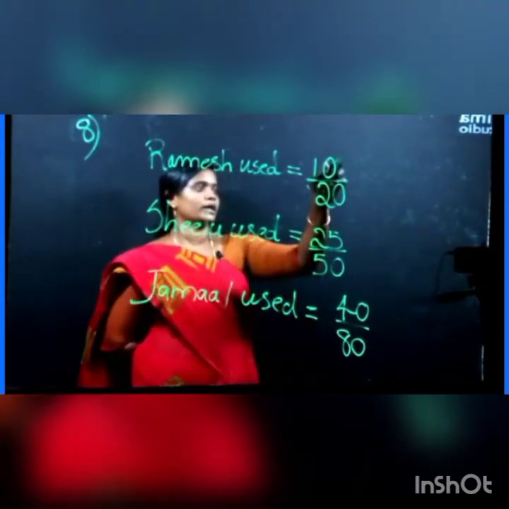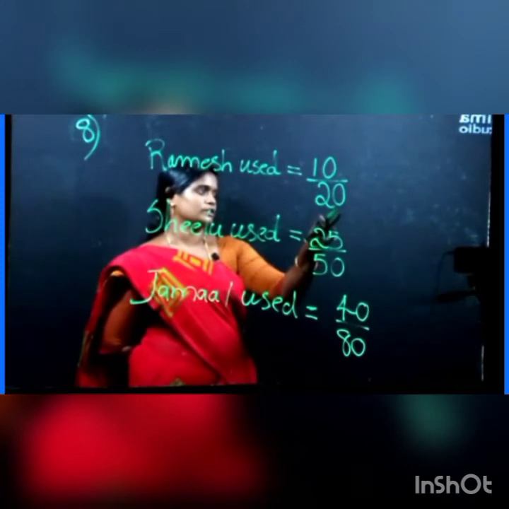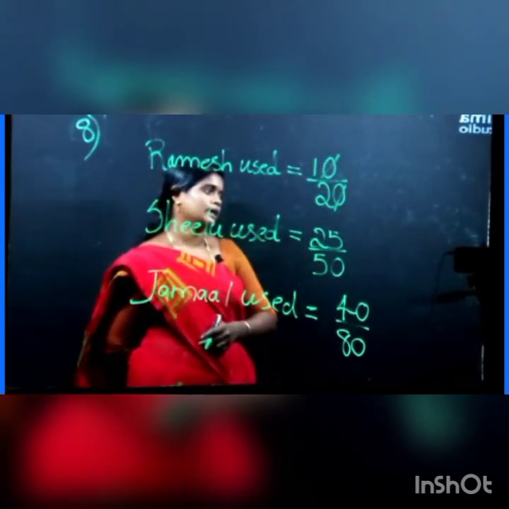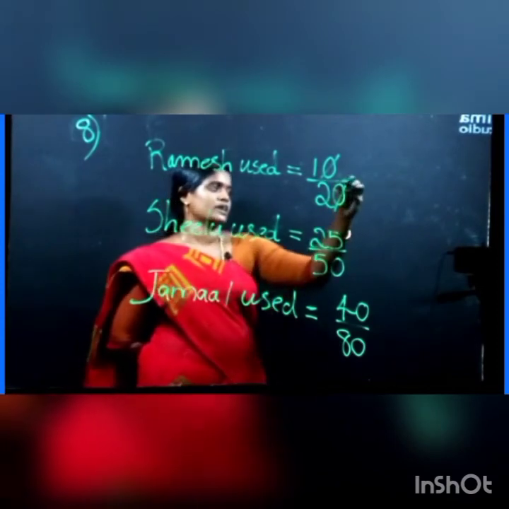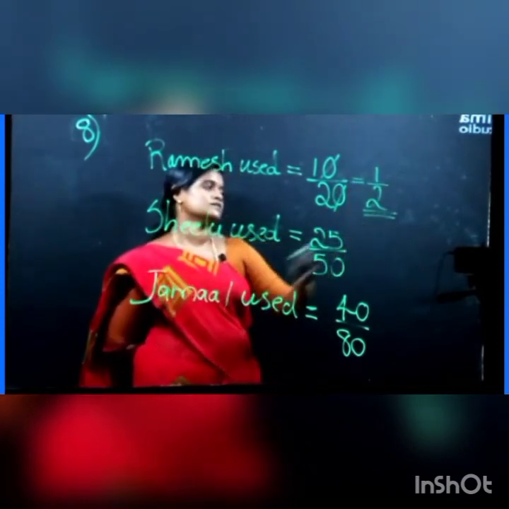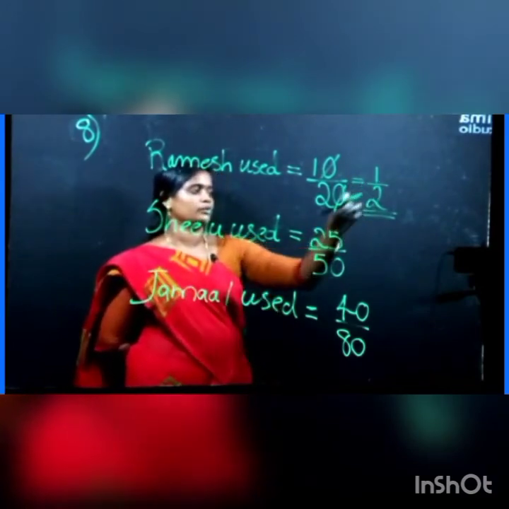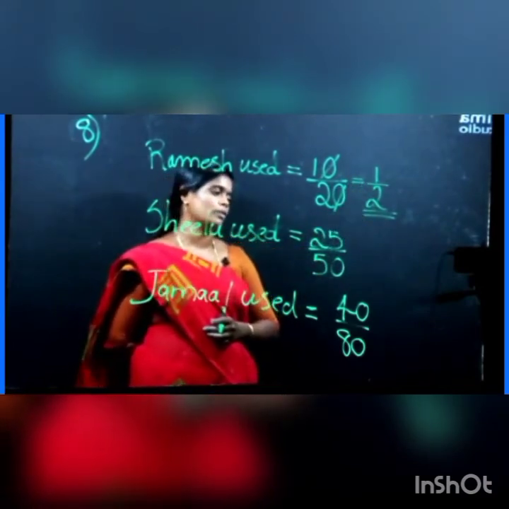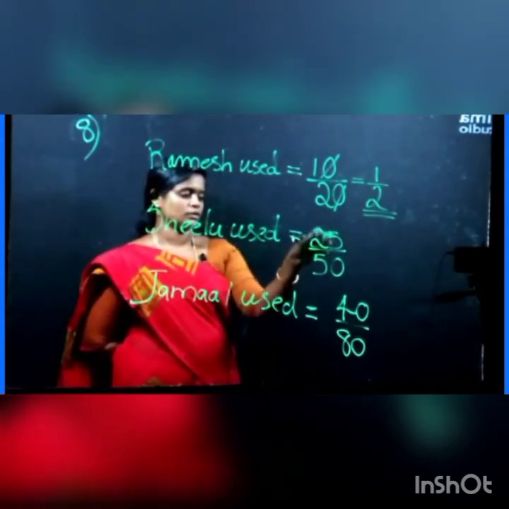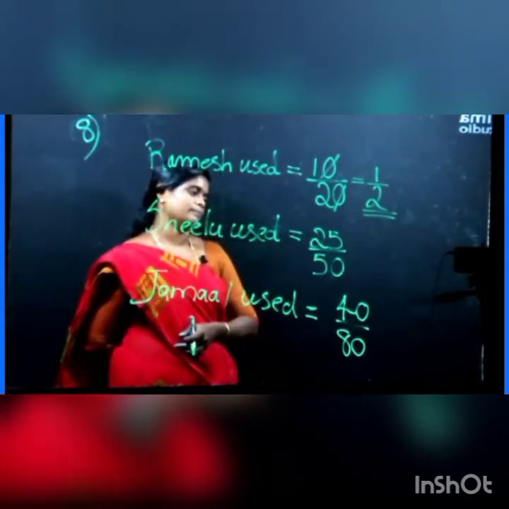Here both the numerator and the denominator end with 0, so we can cut them by 10. Hence the new fraction is 1 by 2. 1 by 2 is in the simplest form because both 1 and 2 have only 1 as the common factor. Next consider the next fraction, 25 by 50.